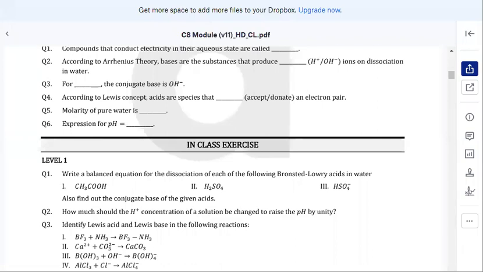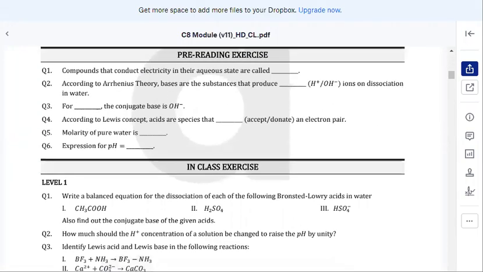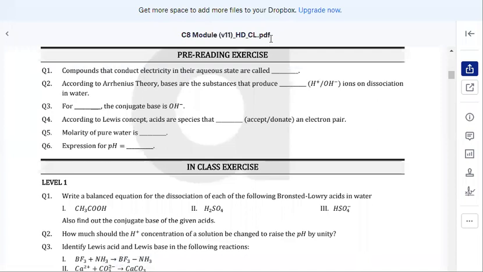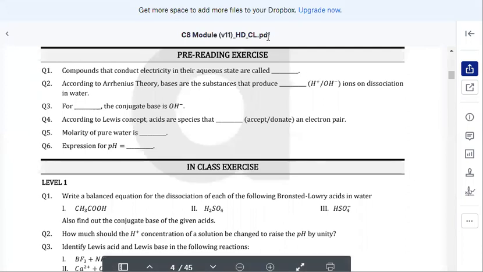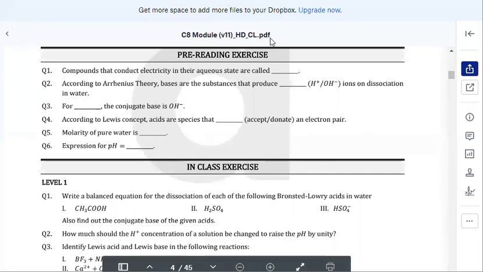Now in pre-reading, I guess everyone can do pre-reading. Compounds that conduct electricity in the aqueous state are called, message me everyone. Yes, electrolytes, very good. According to Arrhenius theory, bases are substances that produce OH minus, very good.